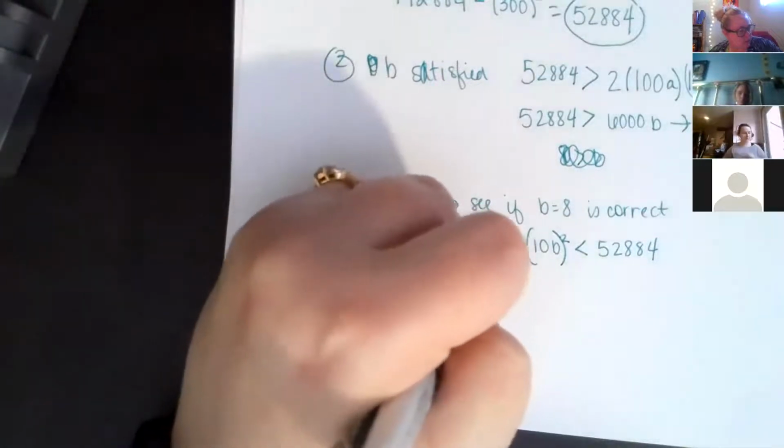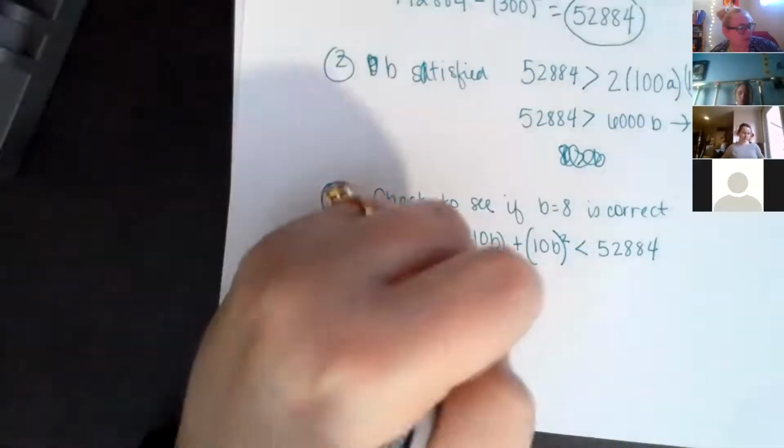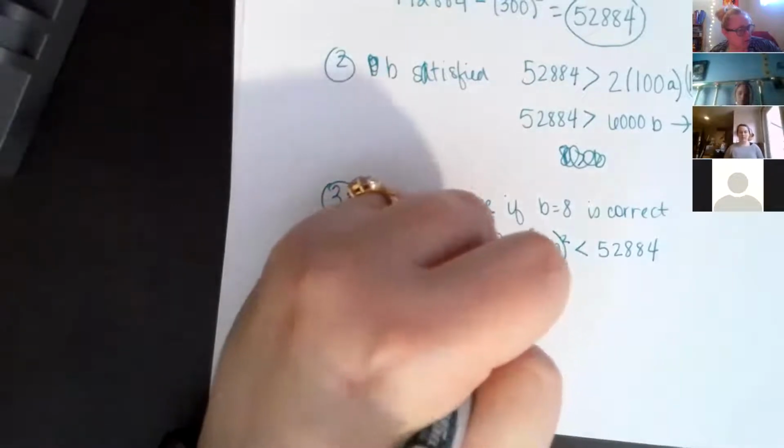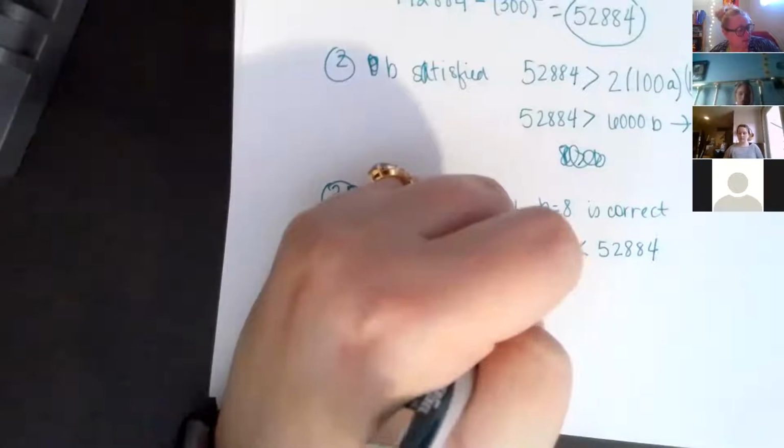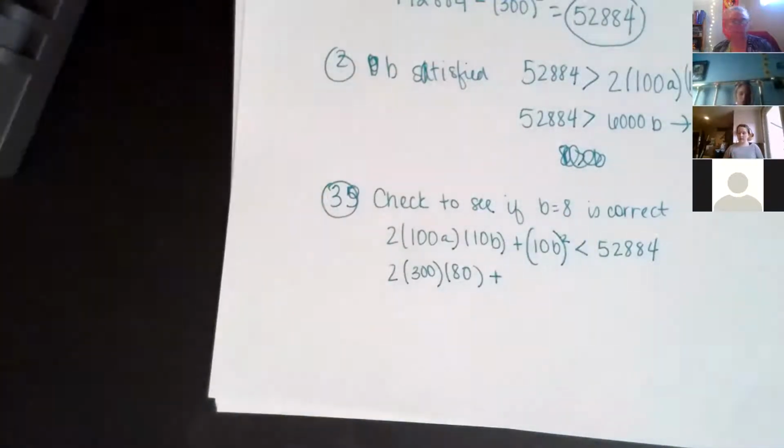No, it's too big. So that means we need to adjust, right? Okay. So it has to be 7 then, right? Yeah. So let's see what happened there. It did work for the first step, but when you add them both together, that's what we're checking. Make sure we didn't mess up a step. Okay.